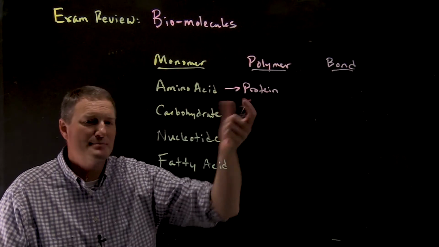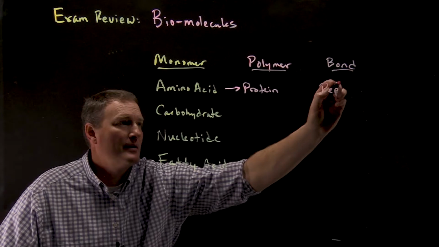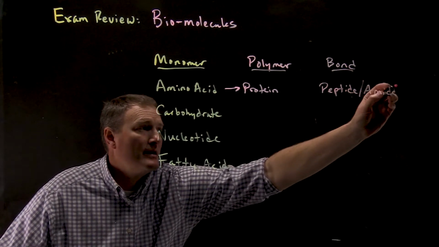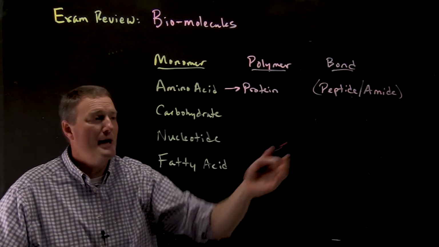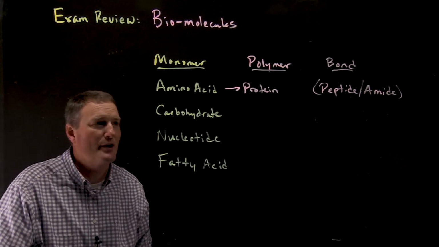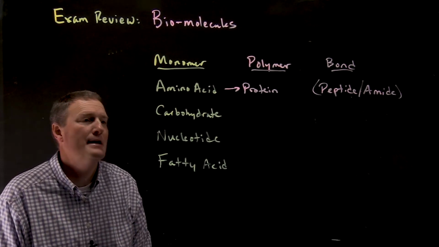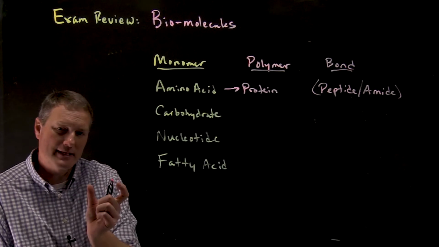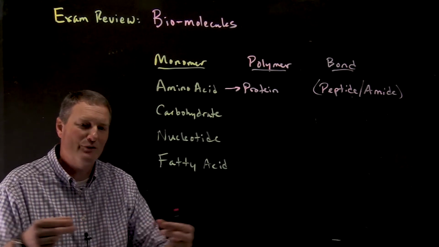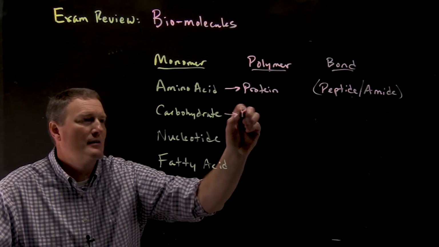And the bond that's made when you join the two amino acids together, that's called a peptide/amide bond. Okay, those two are the same type of bond, but when you join two amino acids together, it just gives that special type of name called a peptide bond. And those are very strong bonds that hold them together. Carbohydrates, you can have individual monosaccharides, or those can be linked together to form long polymers called polysaccharides.